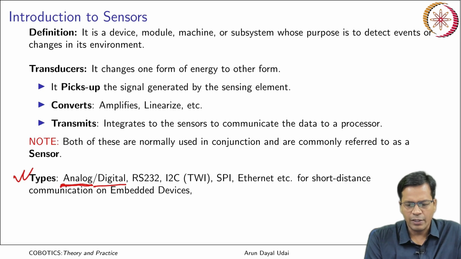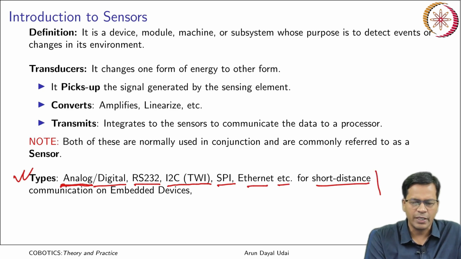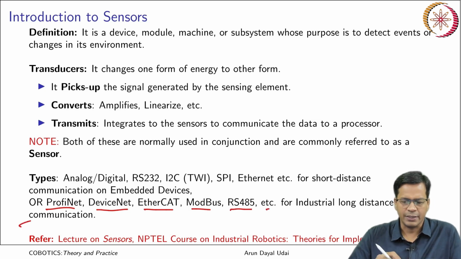Okay. It can communicate using RS-232, I2C, that is a 2-wire interface, SPI, Ethernet, etc., for short distance communication, normally for embedded devices. Or it can use Profibus, DeviceNet, EtherCAT, Modbus, RS-485, etc., for long distance communication, which are mostly common in industry.